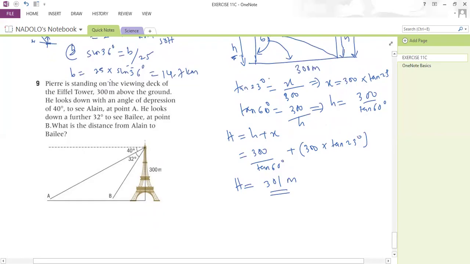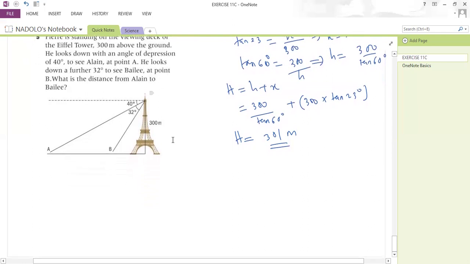So Pierre is standing on the viewing deck of the Eiffel Tower, 300 meters above the ground. He looks down with an angle of depression of 40 degrees and sees a lane at point A, looks down further 32 degrees to see B. So at point B, what is the distance from A to B?